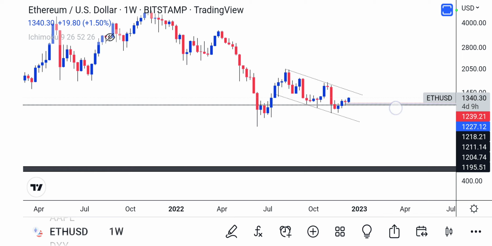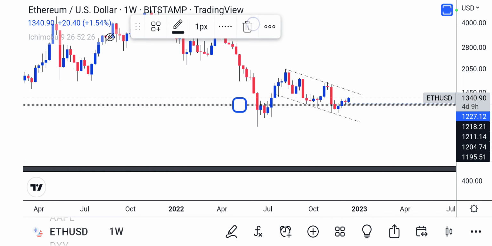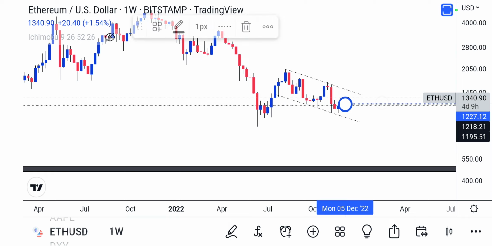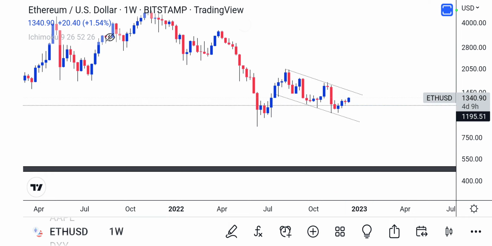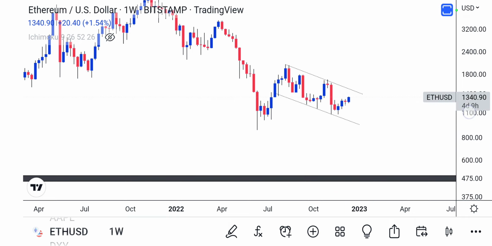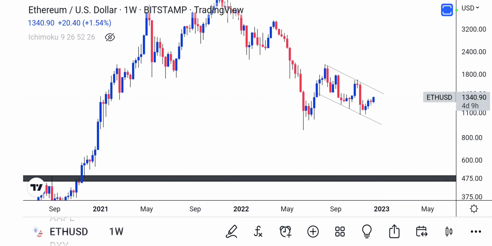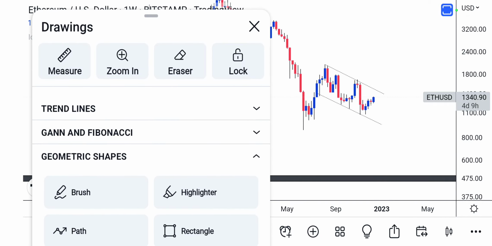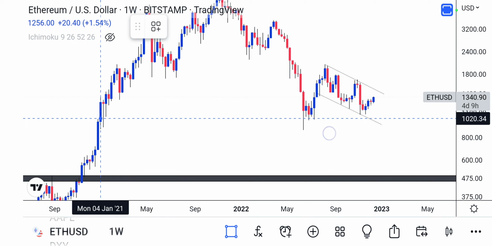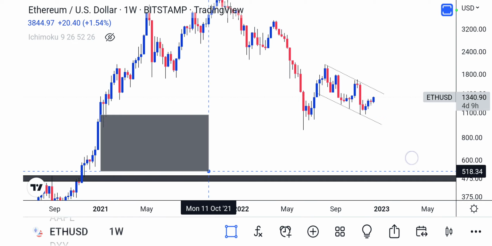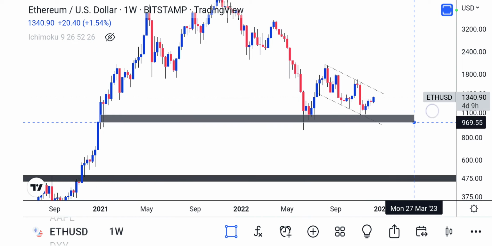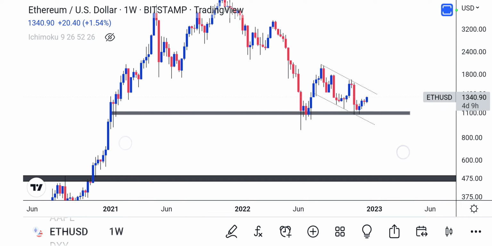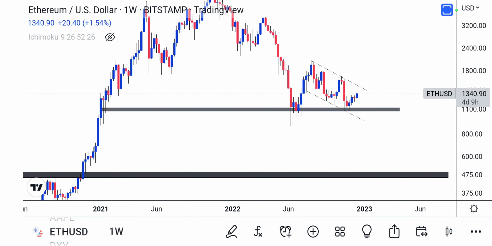We have this falling channel, which we call descending channel here, and we saw that low around here where ETH dropped to, and you can see we got that rejection here and a little bit around here.